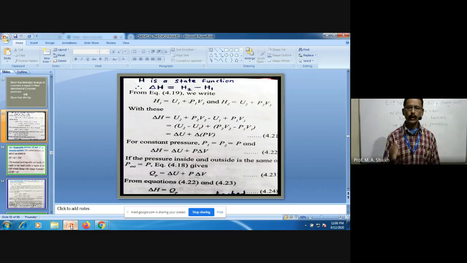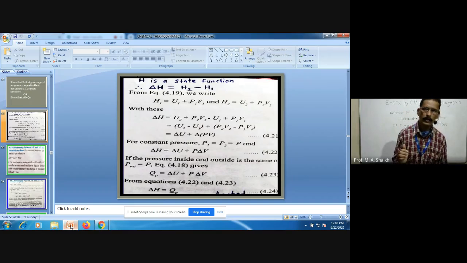Therefore, by using 4.22 and 4.23, we can write delta H is equal to QP. Or in other words, heat absorbed by the system at constant pressure is equal to enthalpy change of the system.